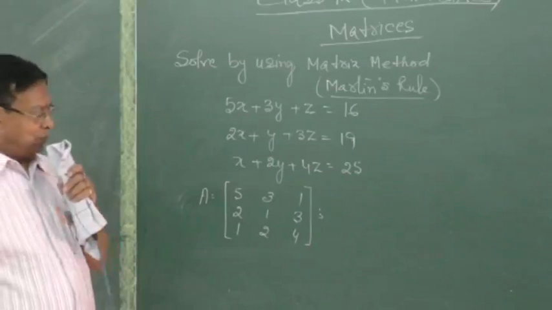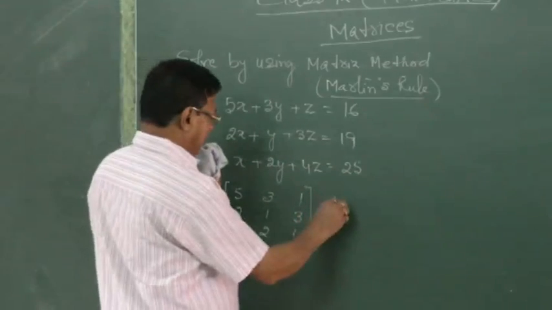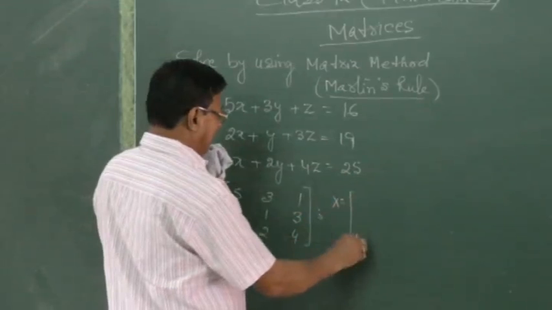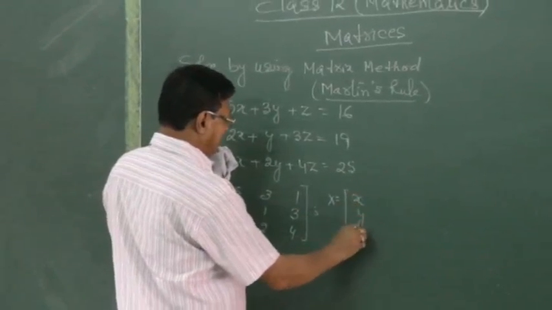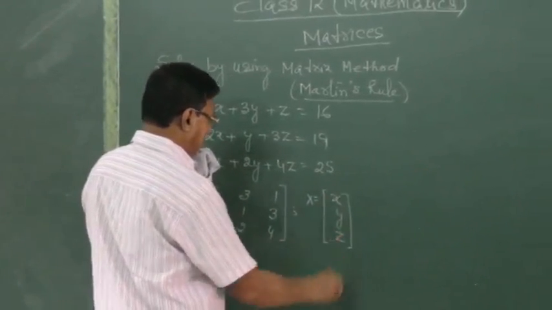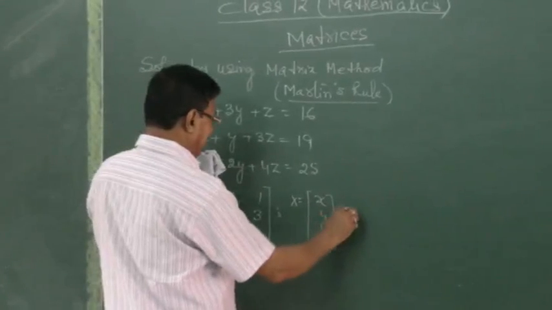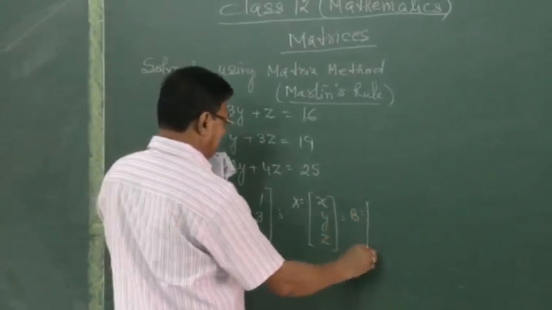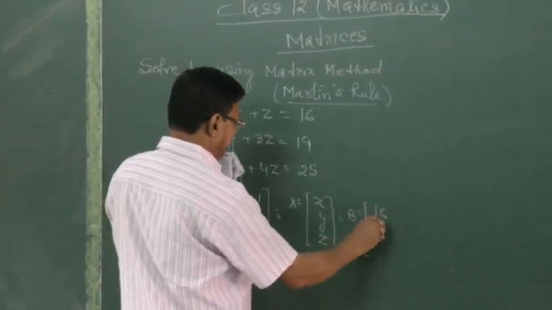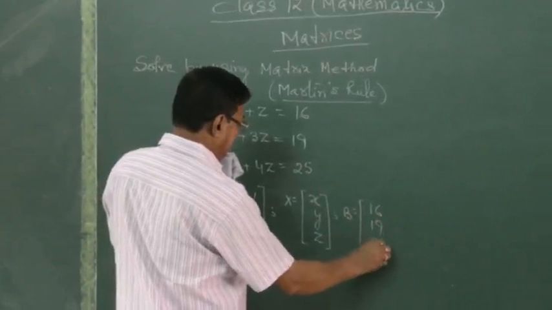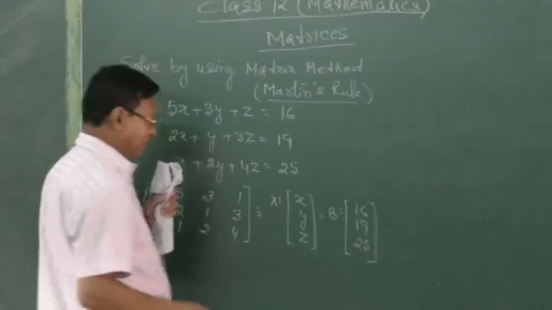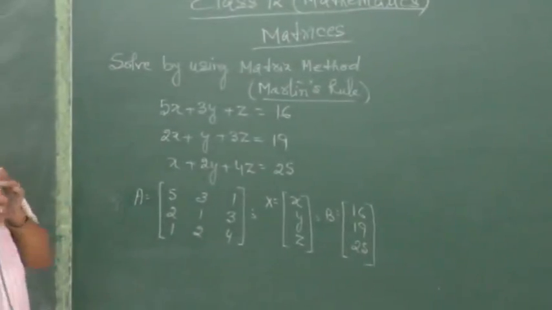So first the coefficient matrix, then we write the variable matrix x, y, z, and the last one, the right hand side, as this. So I wrote the three matrices.